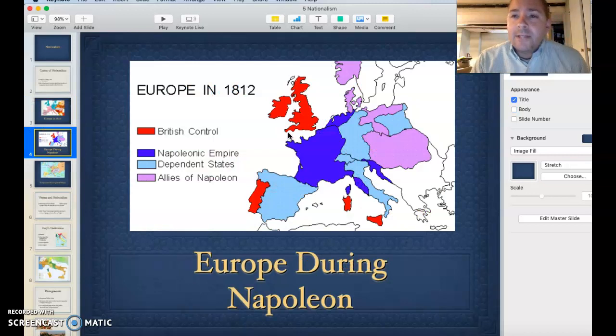That's all even more exacerbated by the fact that Napoleon dominates so much of Europe in the early 1800s. When Napoleon conquers parts of Germany and gets a lot of influence in Austria, people begin to ask the question, well, why are we going to let this French person come in and have control over portions of us?